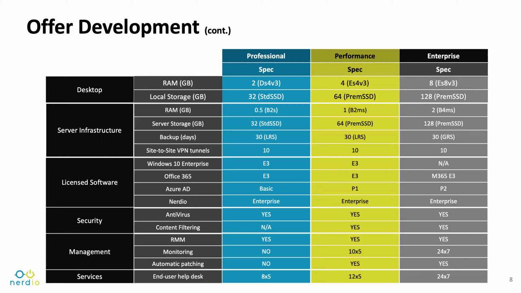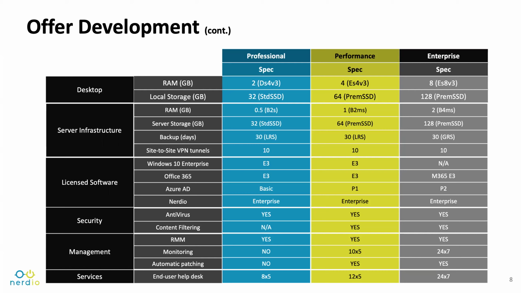Under server infrastructure, these are allocations of RAM and storage per user per month. So for example, under performance, we have 1 gigabyte of RAM per user per month. So if you have a customer with 20 users, that means the total pool of server infrastructure is going to be 20 gigabytes of RAM, which you can allocate for them across 1 or more server VMs, depending on the needs.